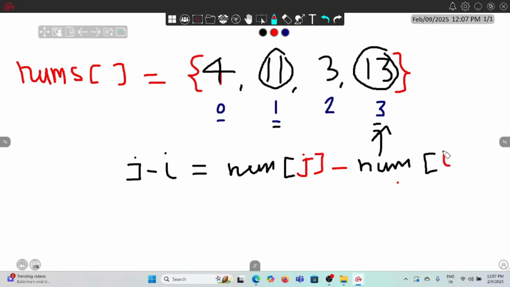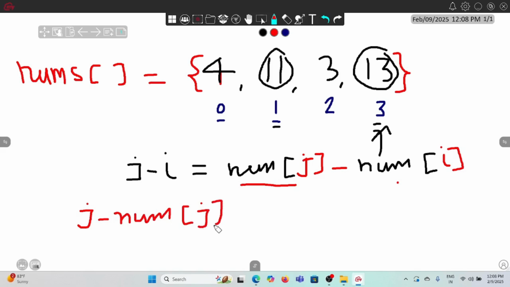If we write it like this, I take nums[j] to the left side, so this becomes j minus nums[j], equal to i minus nums[i], correct? I'm taking i to the right side.